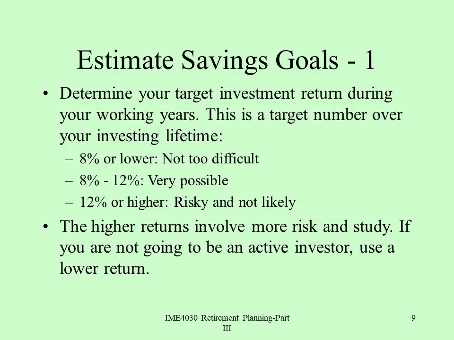These are long-range numbers. 8 to 12% is possible if you're an astute investor and you do a good job of watching your investments. 12% or higher, that's not very likely. Some people might do it, but it's riskier and just not quite as likely. And again, we're talking about over a long range of time here.